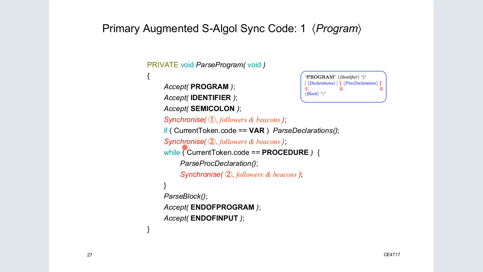And then we have the synchronize in front of the while loop, synchronizing on first set 2 on the same followers and beacons. And then we have synchronize at the exit of the while loop, again on the first set 2 and the followers and beacons. Then we call parse block, accept end of program, accept end of input, and we're done.